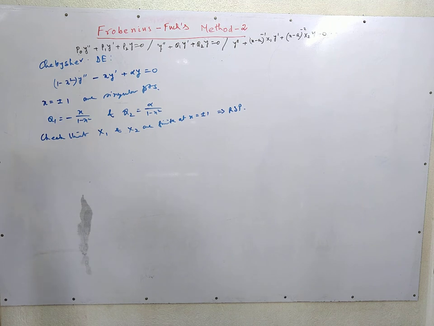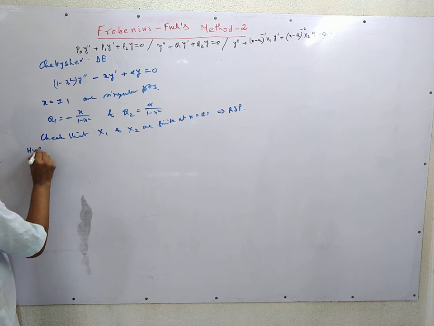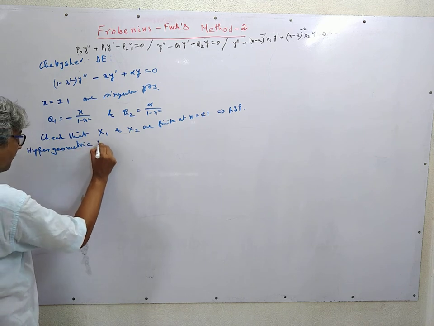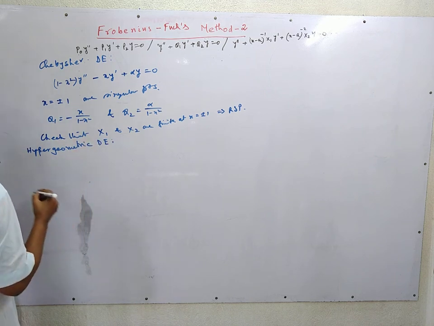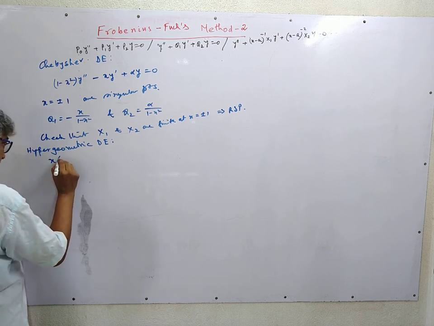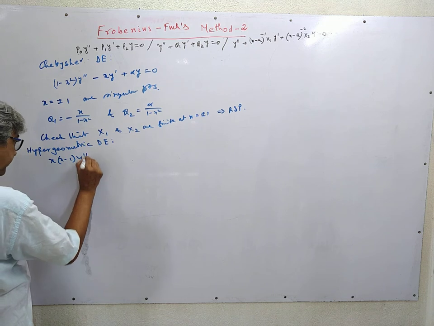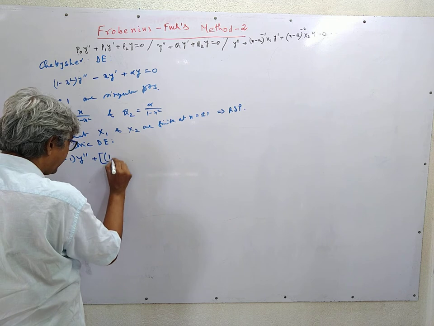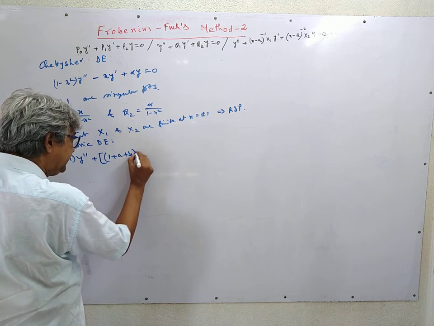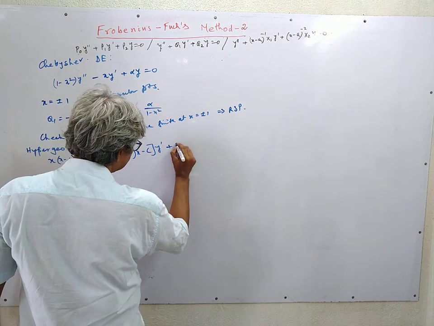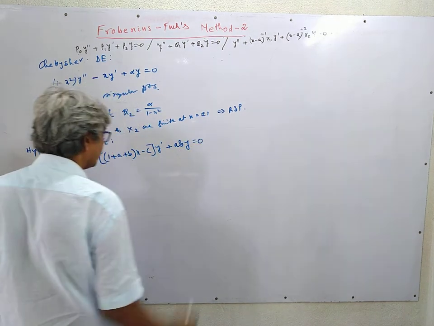There is another one, the hypergeometric differential equation. The hypergeometric differential equation is x into x minus 1 y double prime plus 1 plus a plus b x minus c y prime plus a b y is equal to 0.